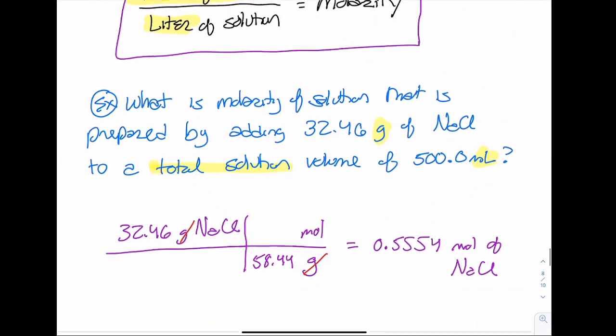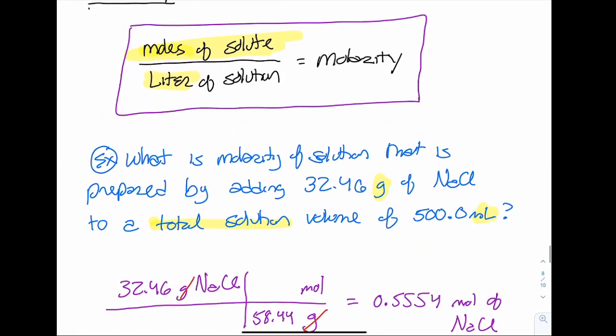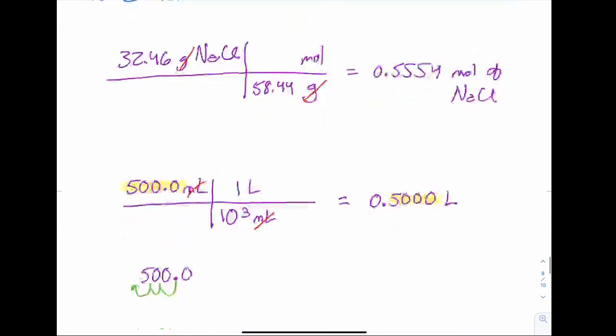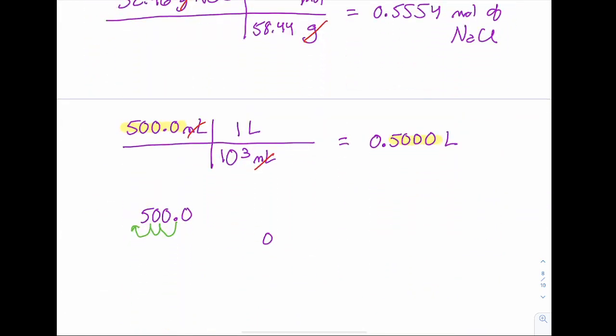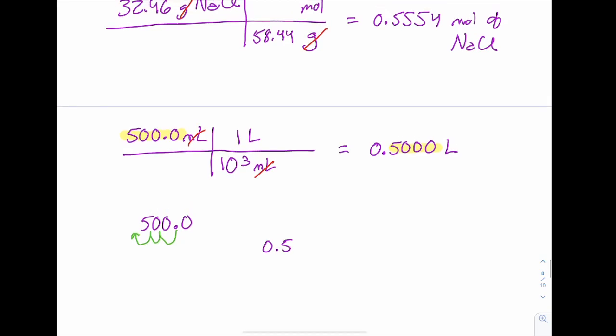So that's my number that goes on the bottom, right? That's my liters of solution. So now we just have to divide those. So 0.5554 moles over 0.5000 liters.